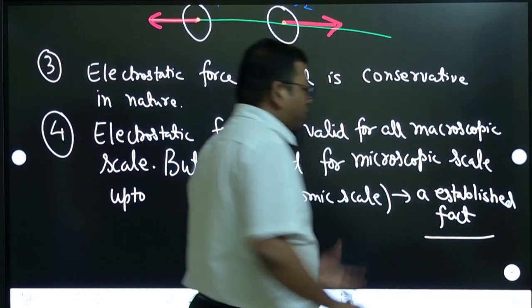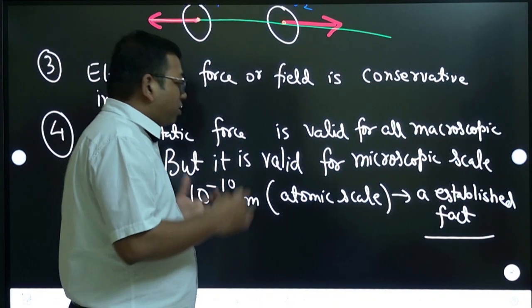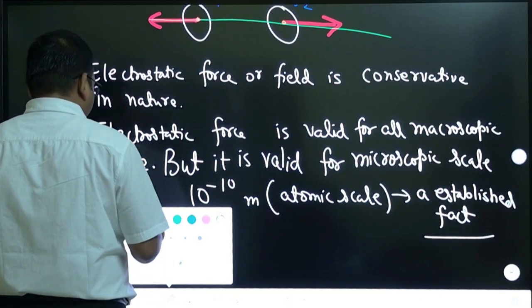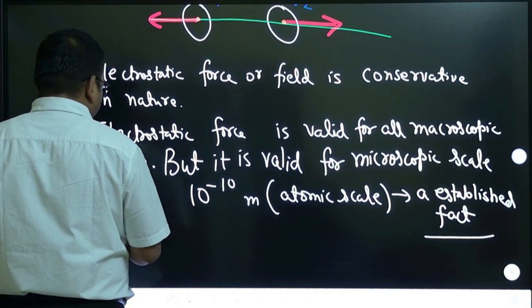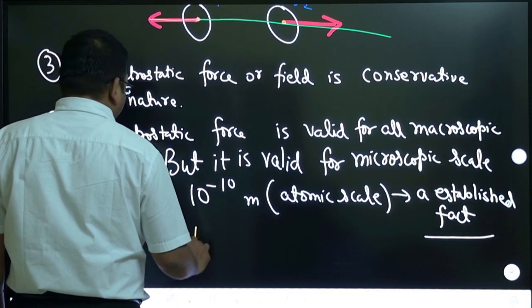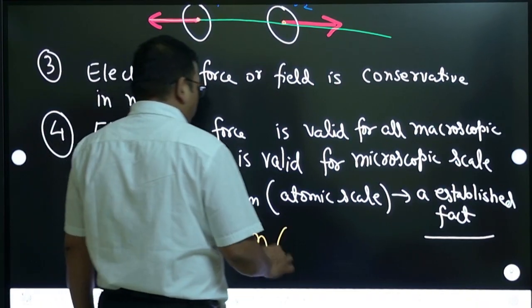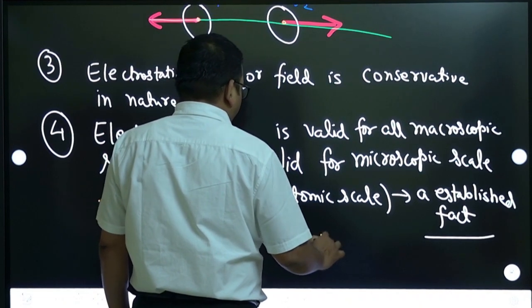That means this has already been proven for atomic scale, but some textbooks also say that it is valid up to 10 to the power minus 15 meter, which is the nuclear scale, nuclear size.